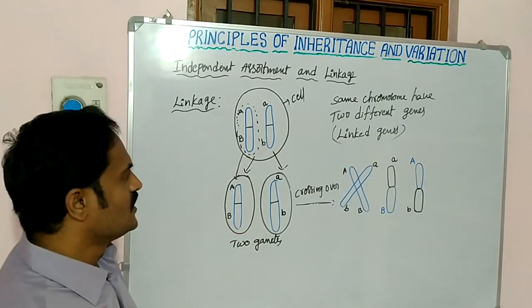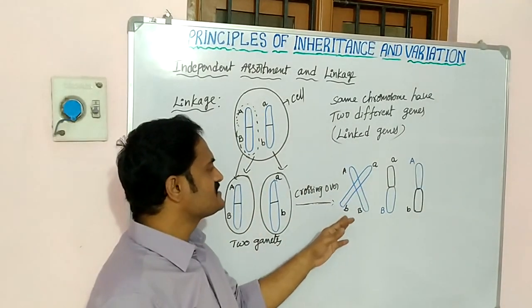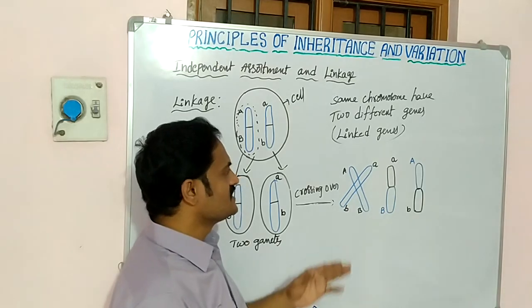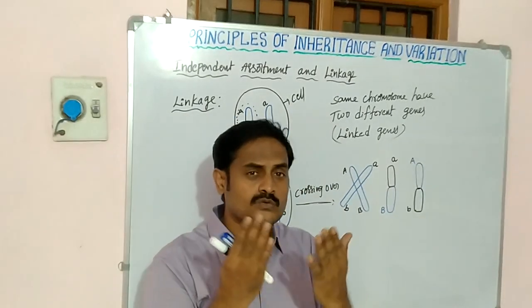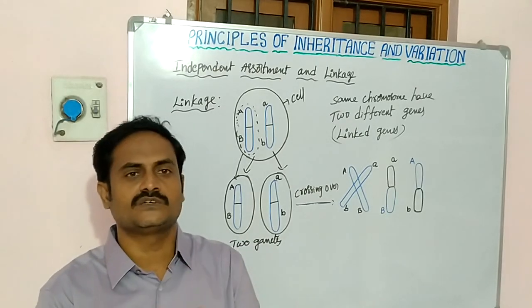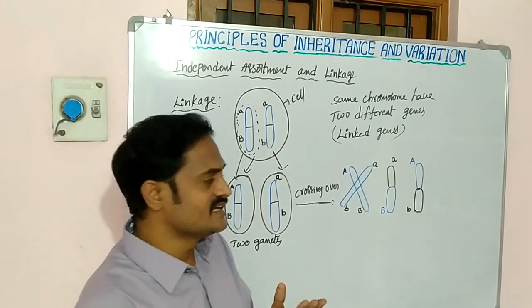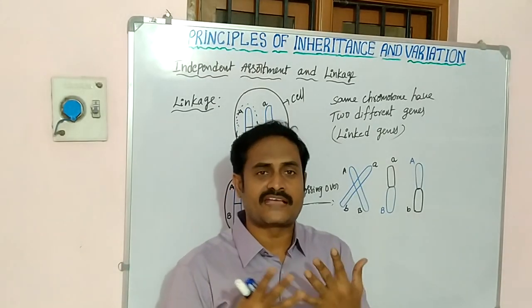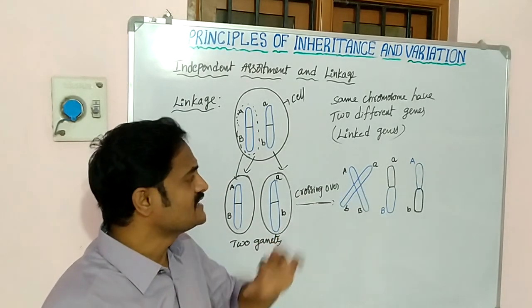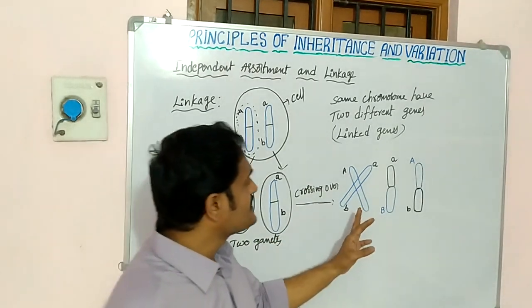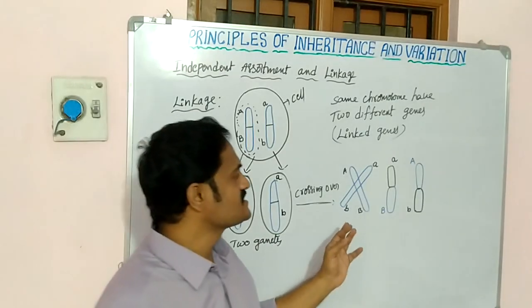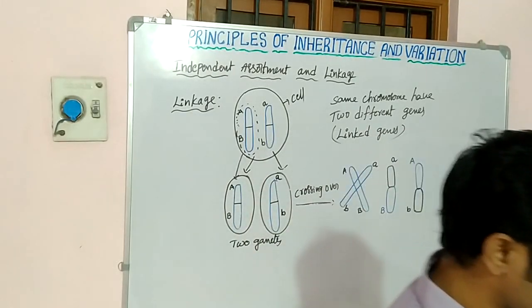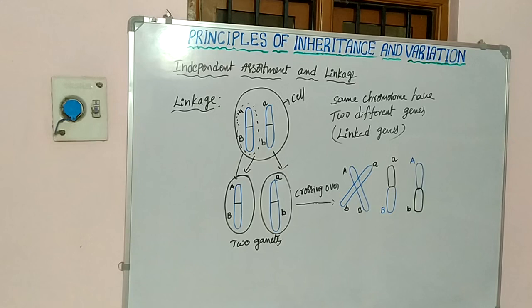Like this gametes will form. In crossing over, two chromosomes cross each other and exchange their genetic material. Like that, new genes are evolved. So this is about crossing over.